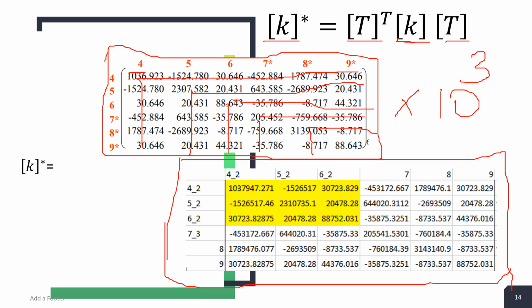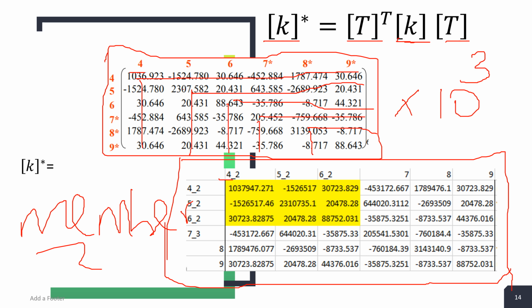So this is highlighted because this is for member 2, and this part is going to overlap with member 1. So it's highlighted because you have to add the two stiffness matrices in this position.